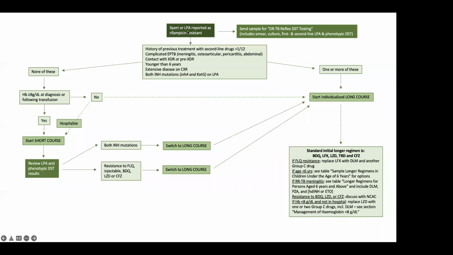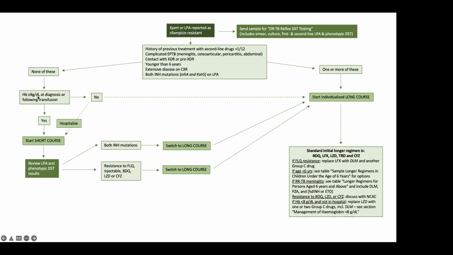Then if you have a patient who's diagnosed with rifampicin resistant TB, but they are stable, no complications, they've never been on TB treatment, they are older than 6 years, these are the patients who can be considered for a standard short regimen.